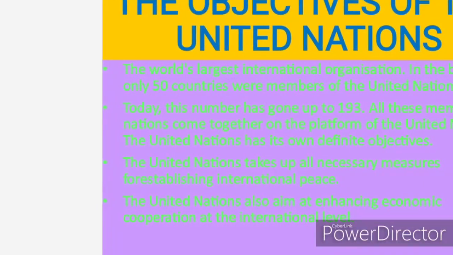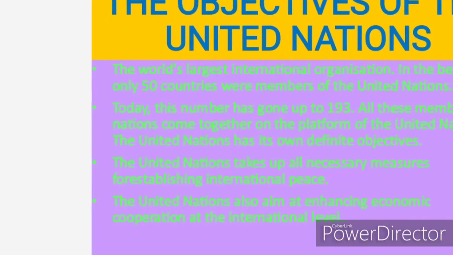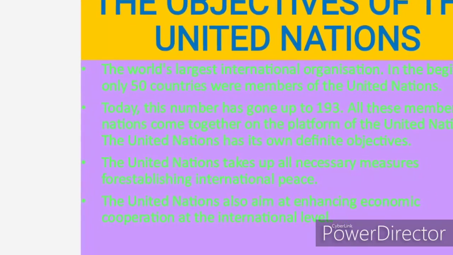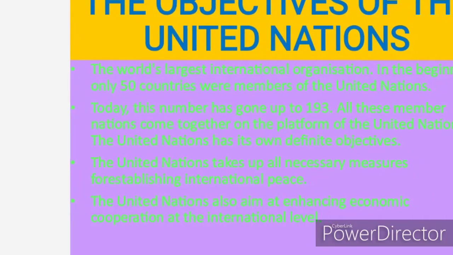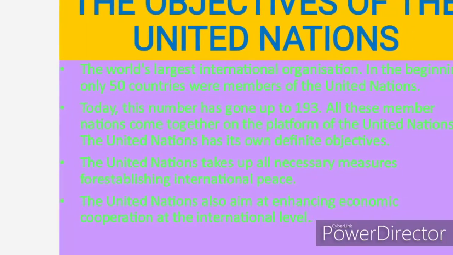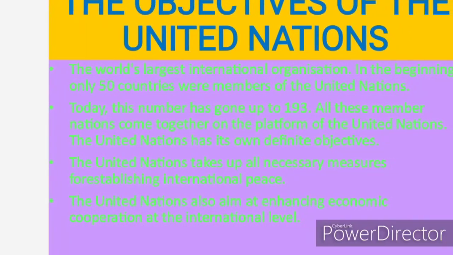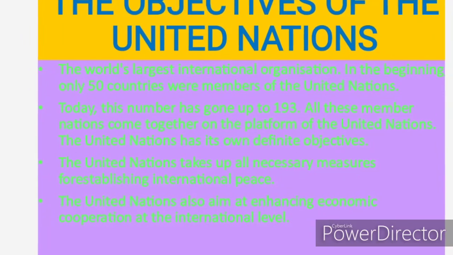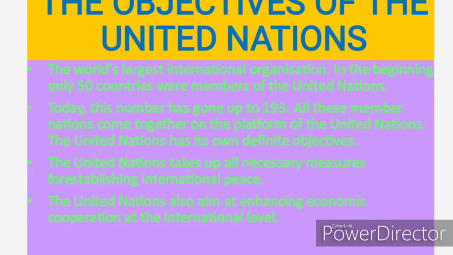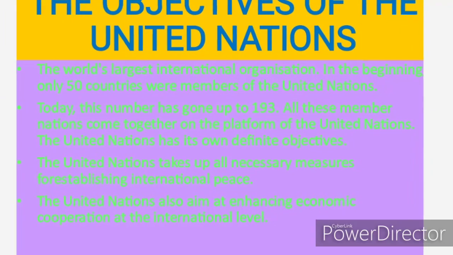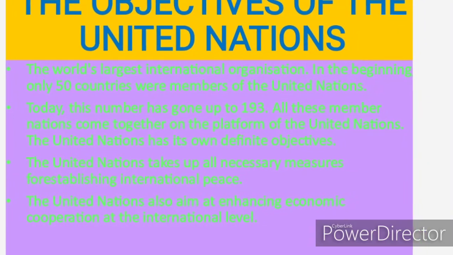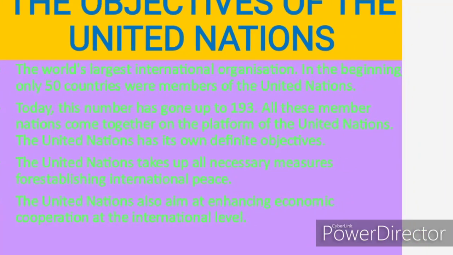The objectives of the United Nations. The United Nations is the world's largest international organization. In the beginning, only 50 countries were members of the United Nations. Today, this number has gone up to 193.